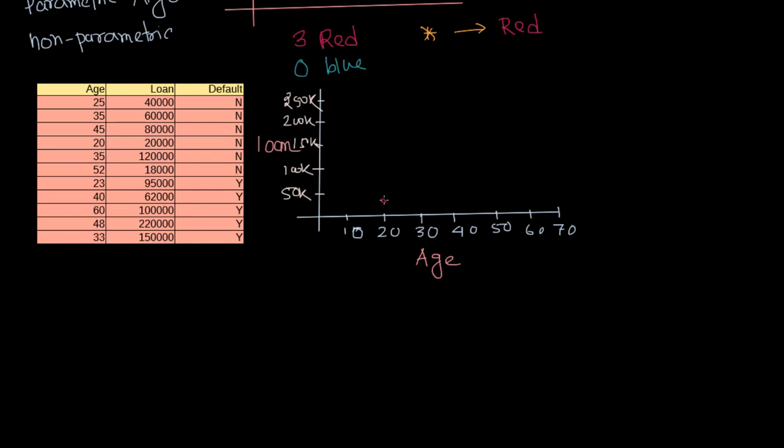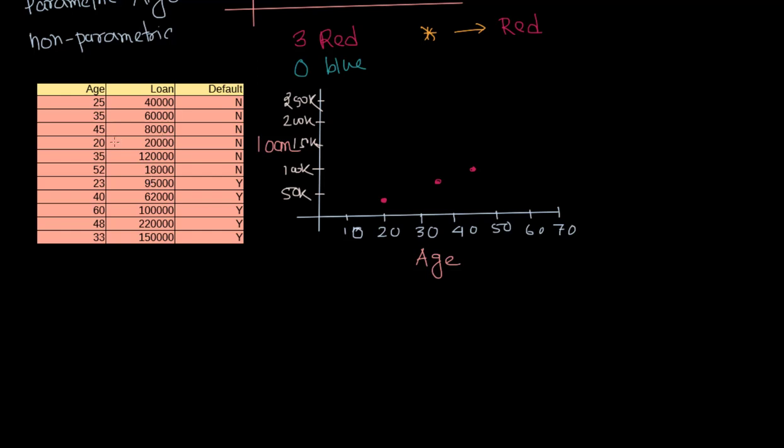So I'll place a point over here. The second one, 35, is 60k, so it will be nearly over here, a little bit down because 35 will be mostly here. Now for 45 it is 80k, so I'll be almost touching more than this one.